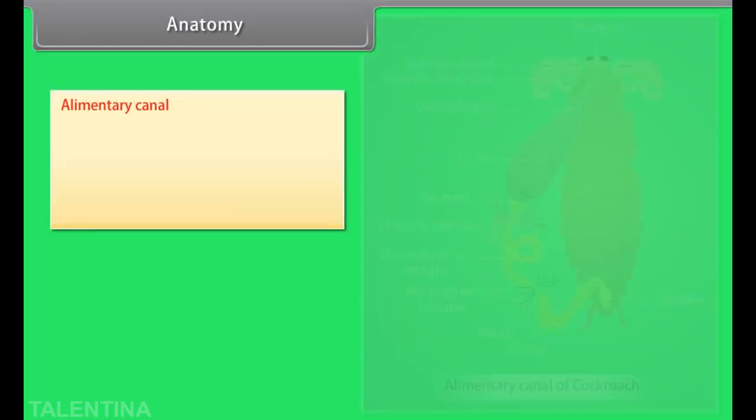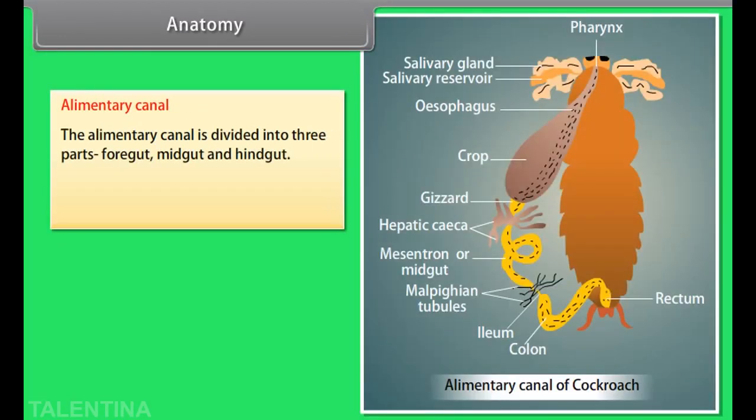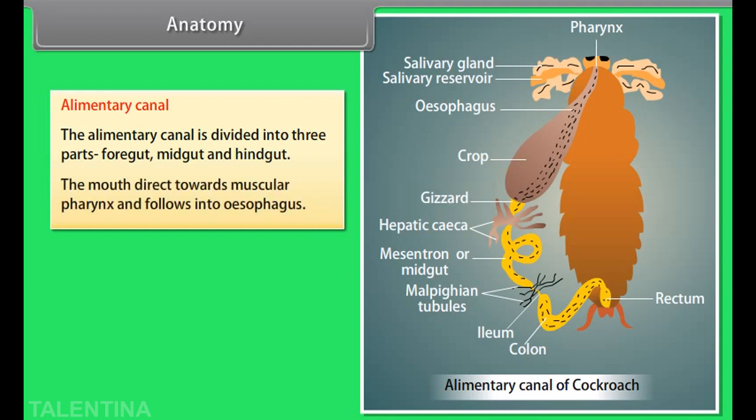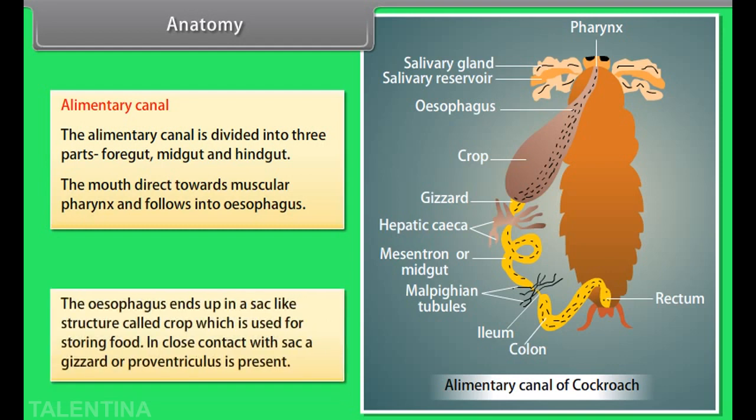Anatomy. Alimentary canal. The alimentary canal is divided into 3 parts: foregut, midgut, and hindgut. The mouth leads to the muscular pharynx and follows into the oesophagus. The oesophagus ends in a sac-like structure called the crop, which is used for storing food.